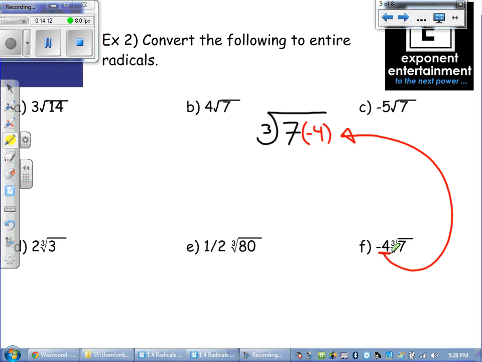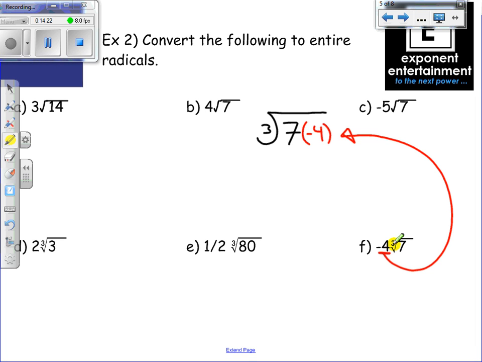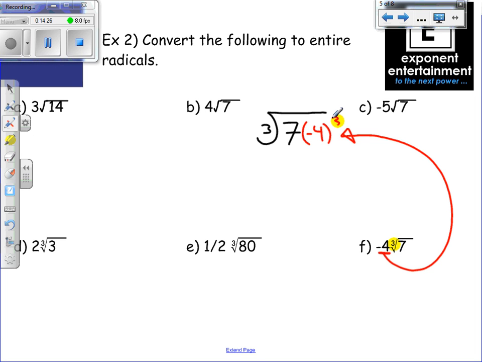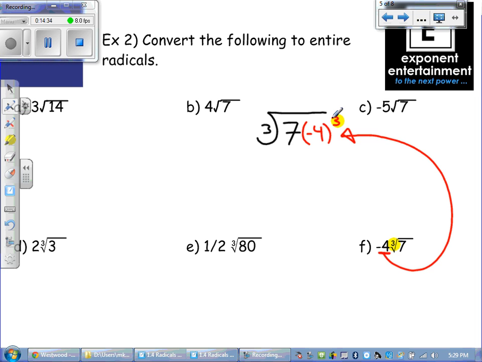What we have to do to it is raise it to the power of whatever the index is. Index is 3. The power up here has to be 3. After that, it's all about doing some quick calculations. If you do -4 cubed, you should find that it comes out to be -64.